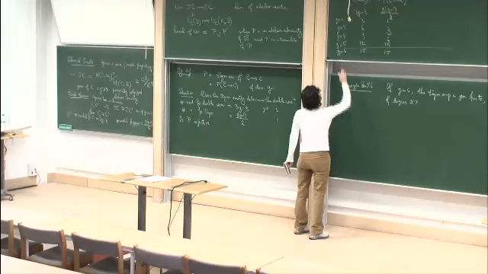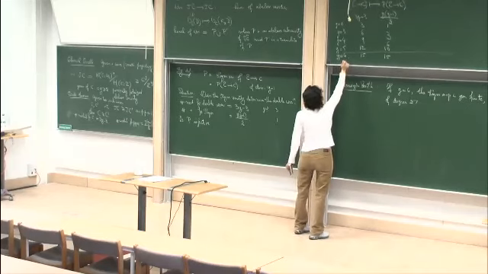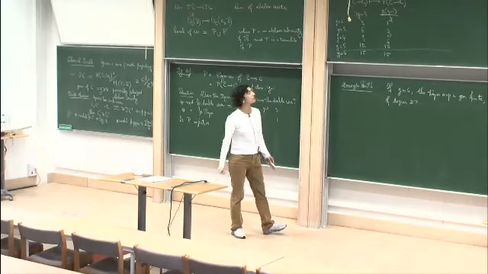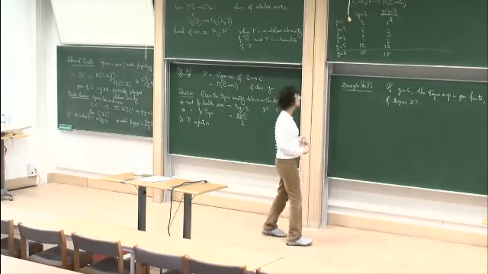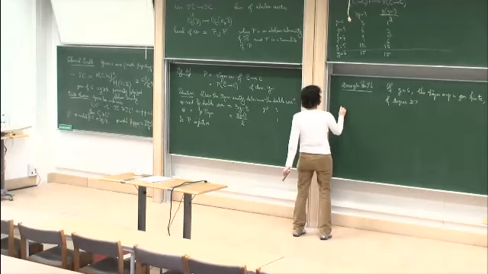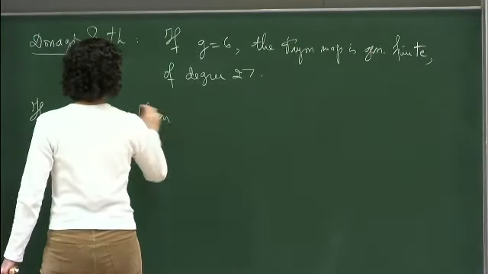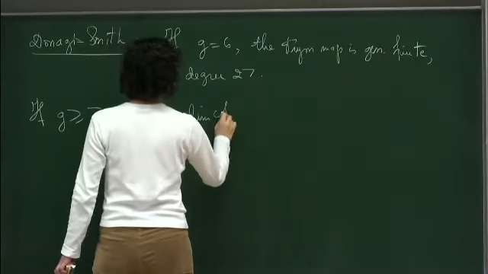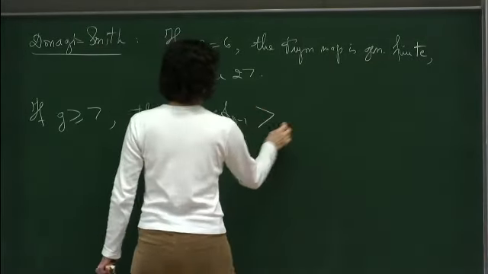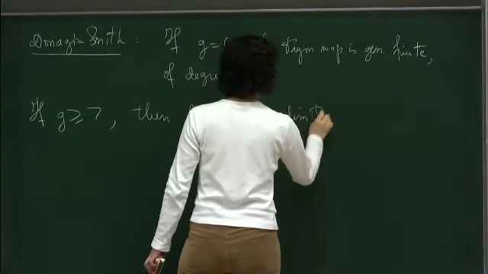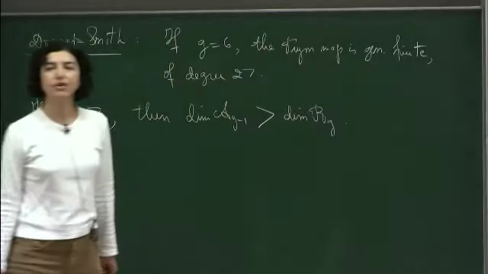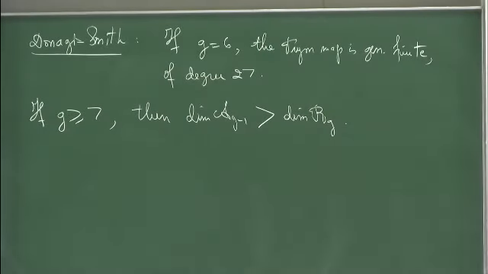Well, let's go on. What about g equals 7? Starting from g equals 7, the dimension on the right is going to be bigger than the dimension on the left. So if g is at least 7, then the dimension of A_{g-1} is strictly bigger than the dimension of R_g.